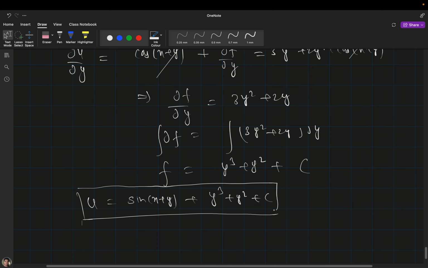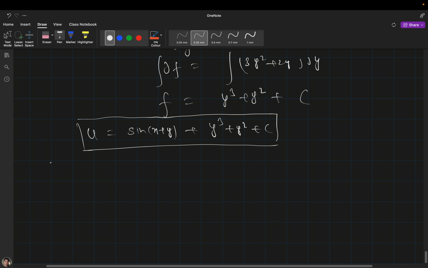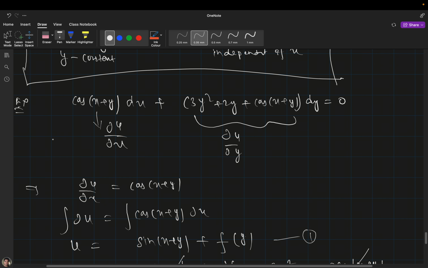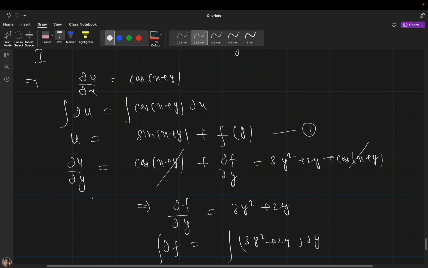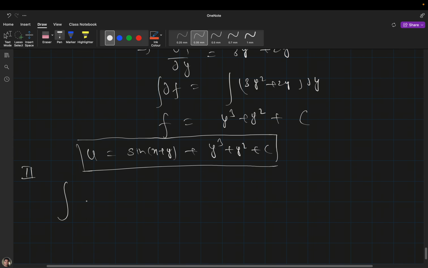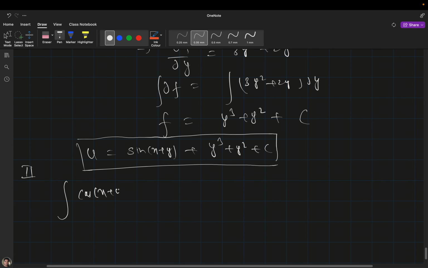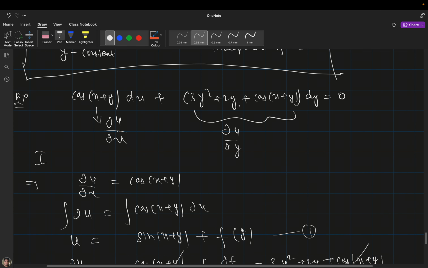Now you can directly use the formula. This is the first method and this is the second method. What is that formula? You have to integrate M, that is cos(x + y) dx, plus the terms of N which are independent of x.